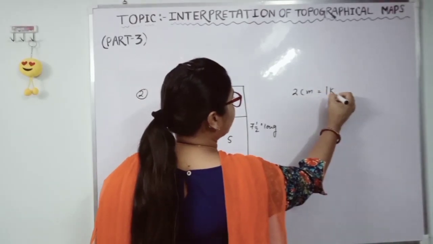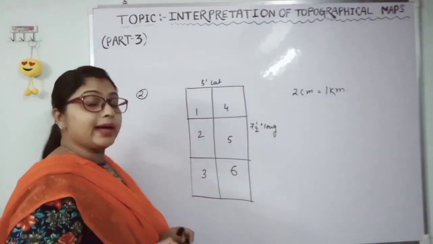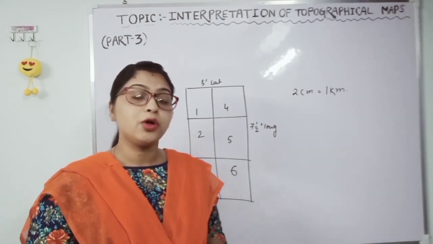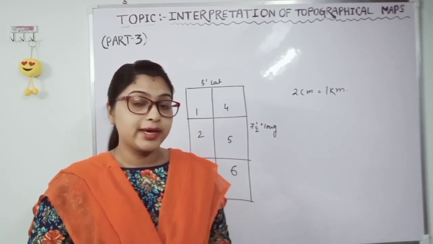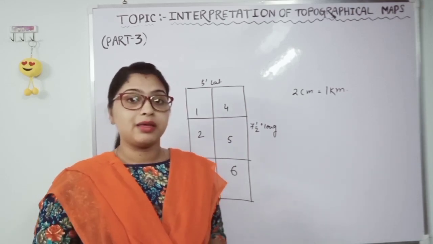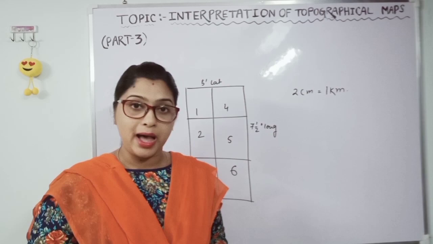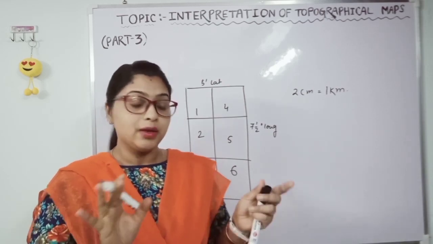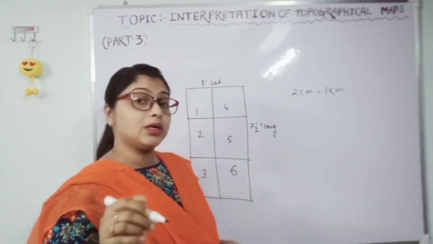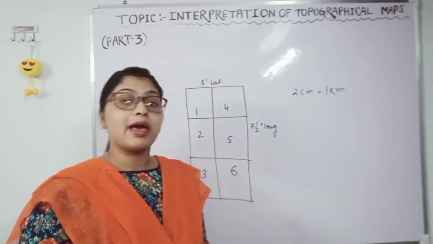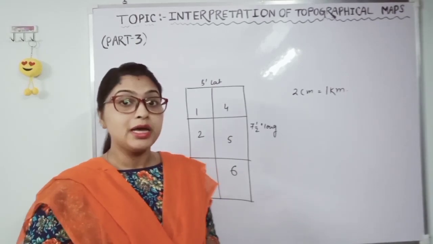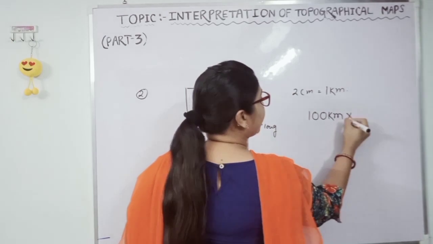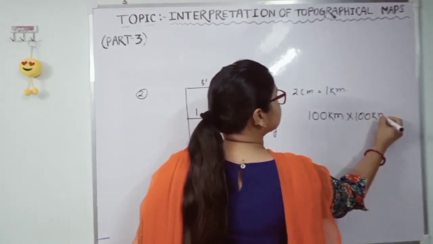In that case, after independence, when the government of India adopted the metric system in the making of topographical maps, in this system of rectangular coordinates they divided the whole area into 100 kilometer by 100 kilometer grids.